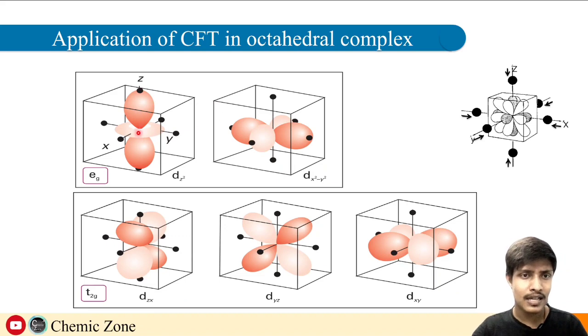So dz square and dx square minus y square feel more repulsion compared to these three orbitals, since their lobes point towards the ligands, so dz square and dx square minus y square will be higher in energy. Since these other lobes are not pointing towards the ligands, they will be stabilized and have lower energy compared to these two axial orbitals.